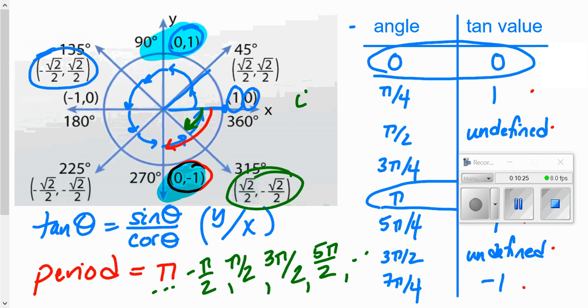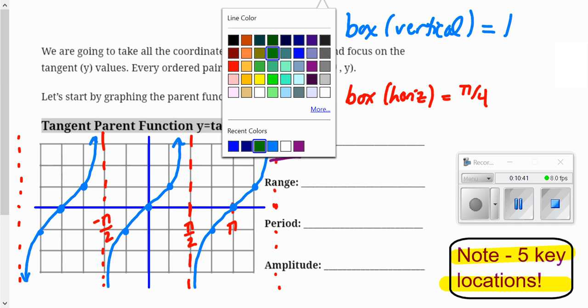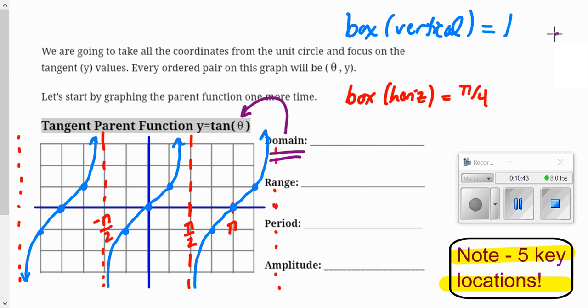They are not the even multiples of pi over 2, because if you multiply, say, 4, which is even, by pi over 2, you get 2 pi, and that's not one of the problem places for tangent. So it's the odd multiples of pi over 2 that are problem values for tangent. And so we would say here, all reals except the odd multiples of pi over 2.